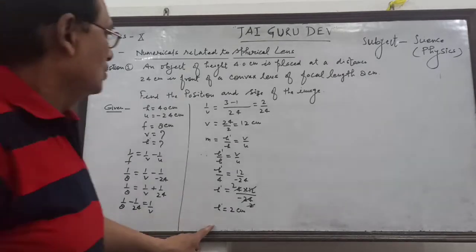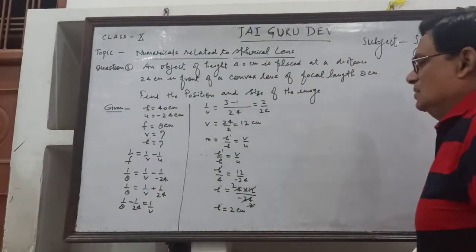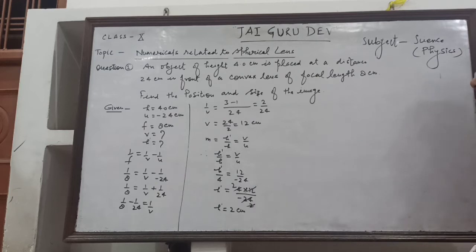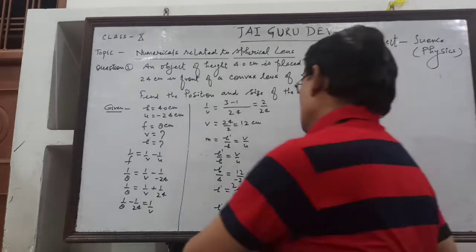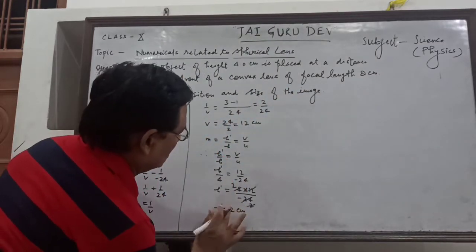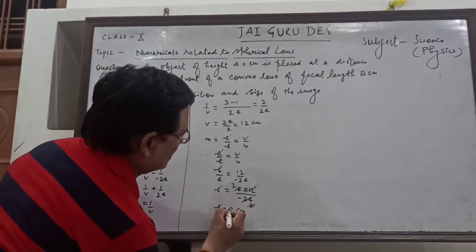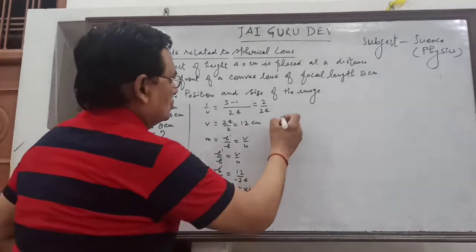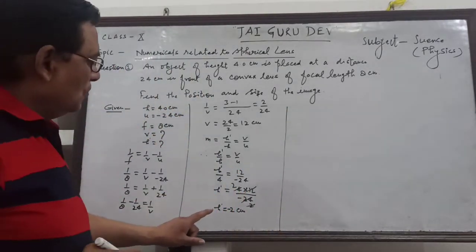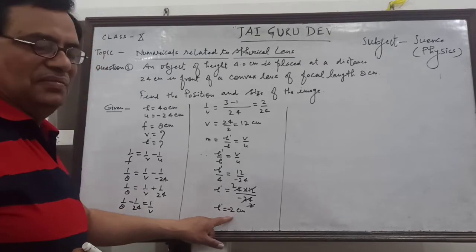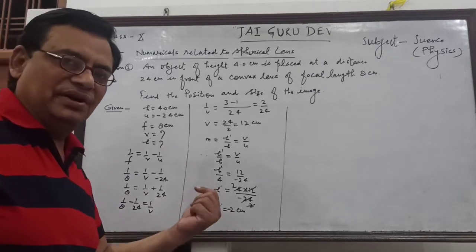So size of image is 2 centimeter, and here the sign is negative. So size of image is 2 centimeter and it is inverted.